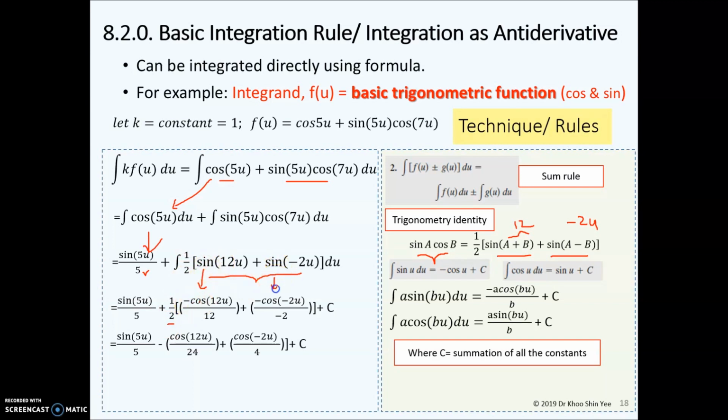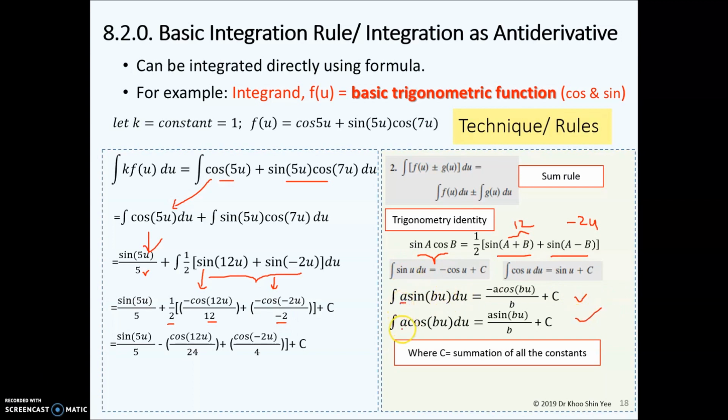Sine, you integrate, you get negative cos here also. And you have to differentiate 12u inside, you get 12, you have to divide it. So you differentiate negative 2u, you get negative 2. This is the general formula for the sine and cos.